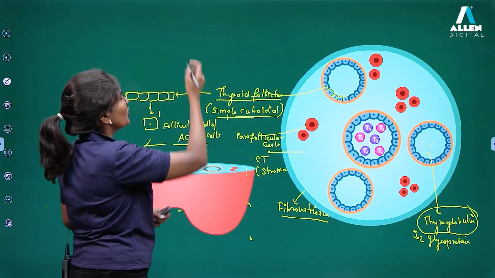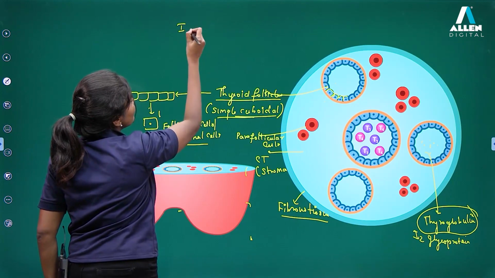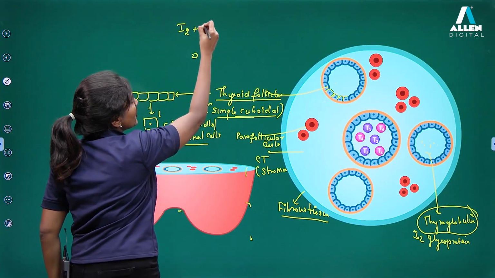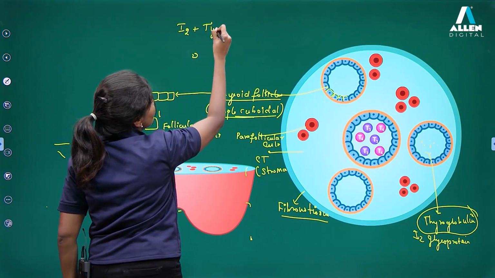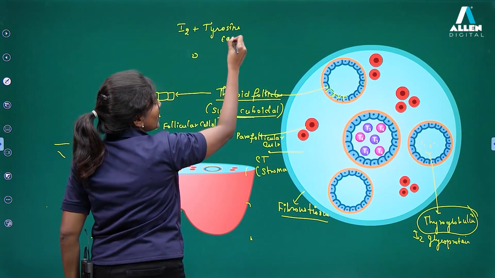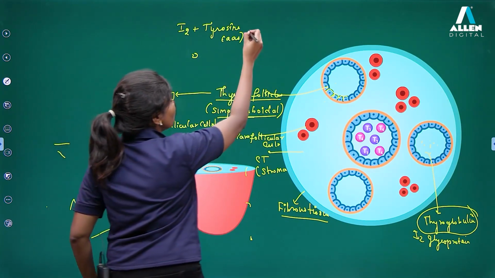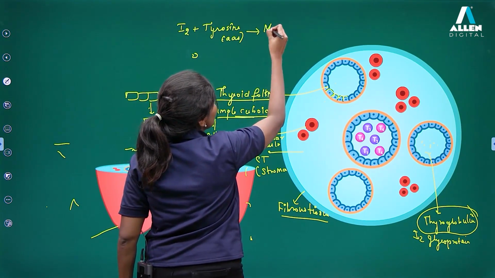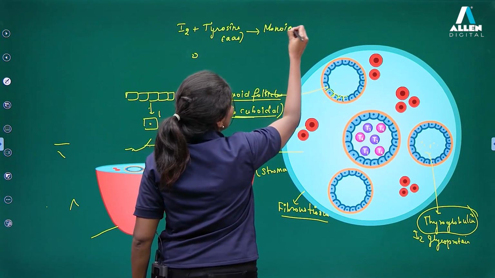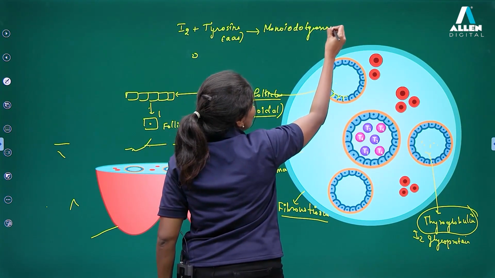If I have to write, one iodine combines with one tyrosine residue. Tyrosine is an amino acid, and this amino acid is present in the thyroglobulin. Now what they will form is something called monoiodotyrosine.